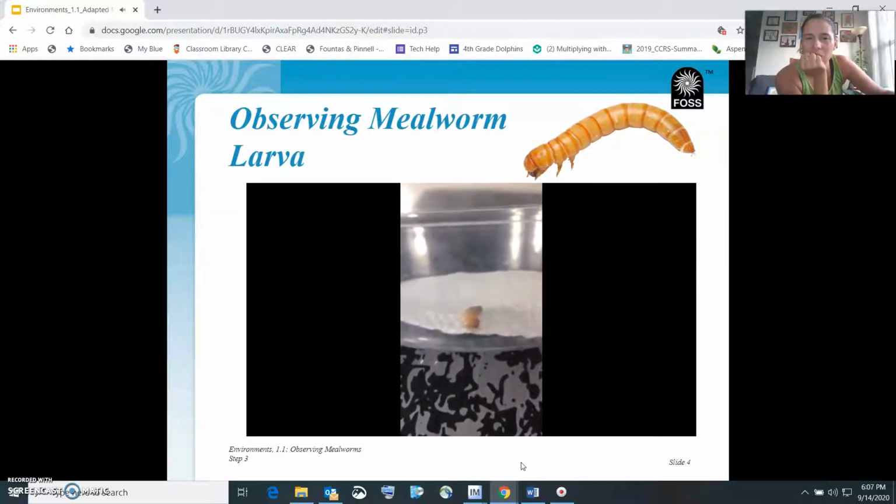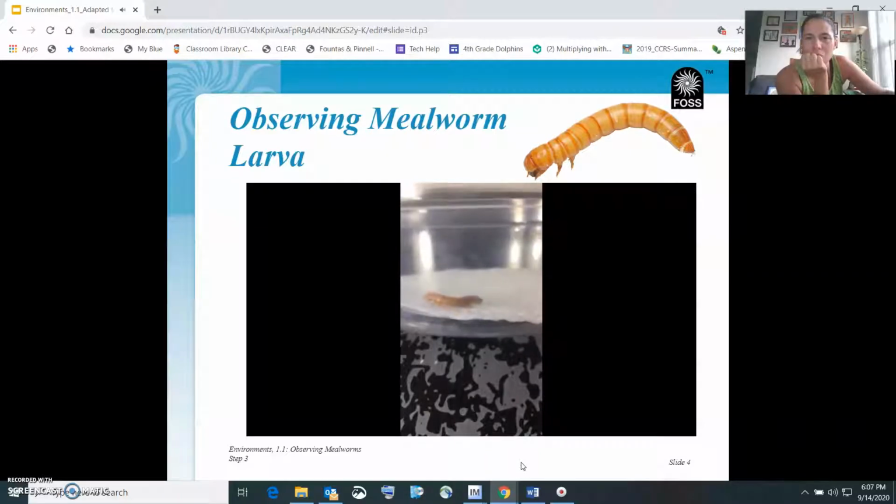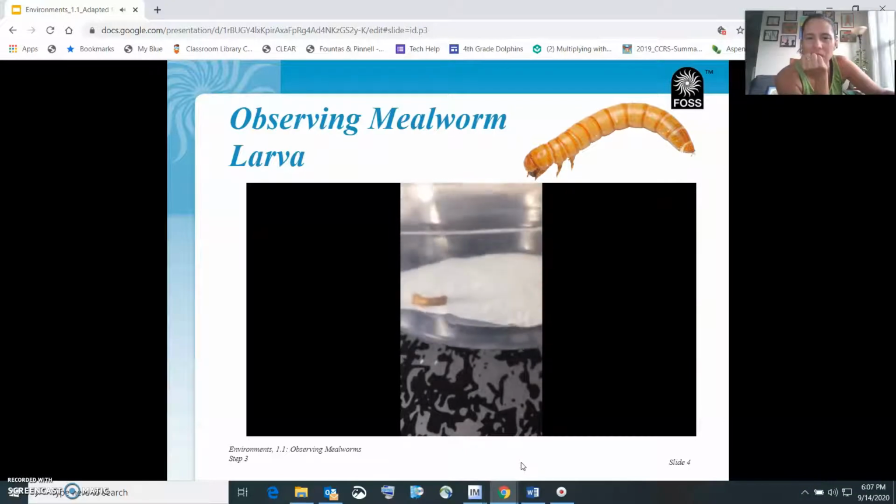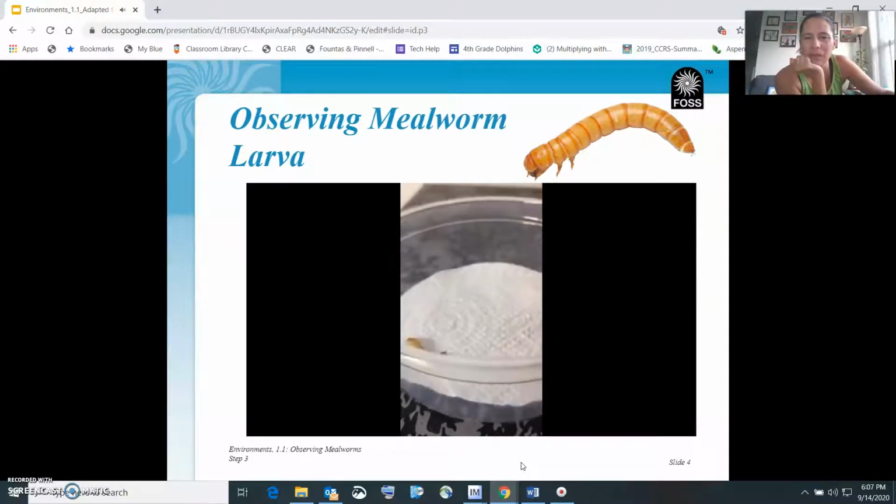Oh, it looks like it has more than 4 legs, huh, when it lifted up. It looks like a lot more legs than when we saw in the picture. It doesn't look like it's all the way down the whole body though, just the front part of the body. Notice how the segments help it bend and move, right?